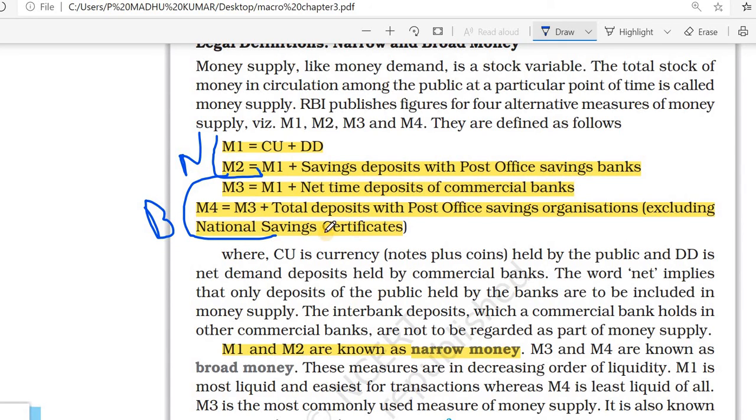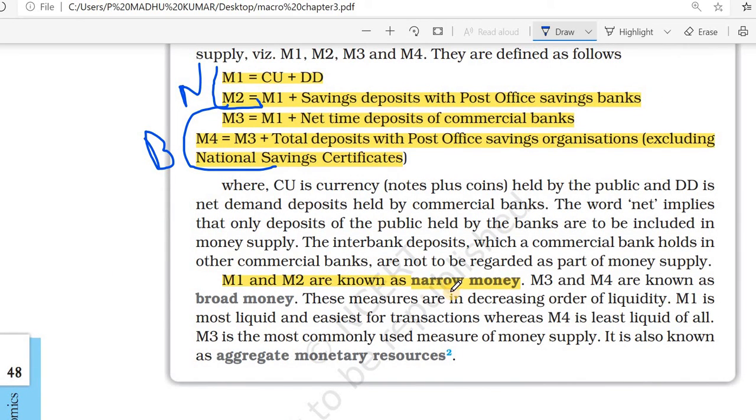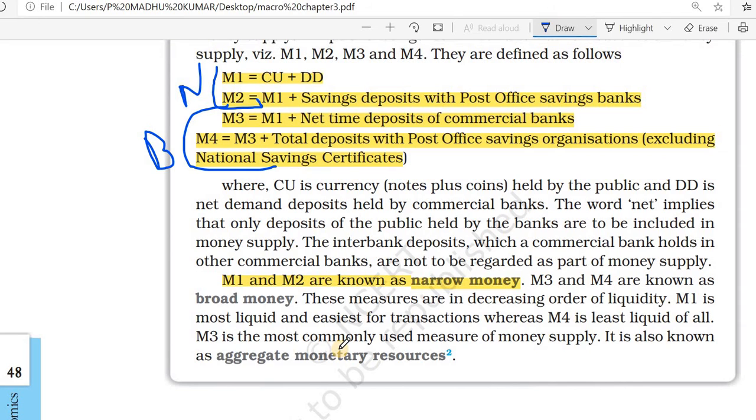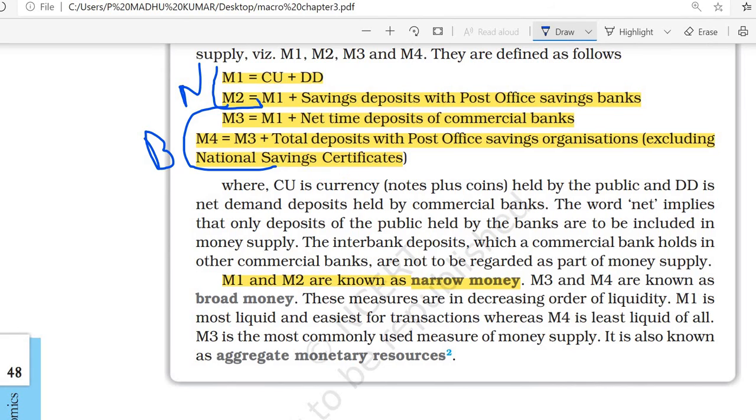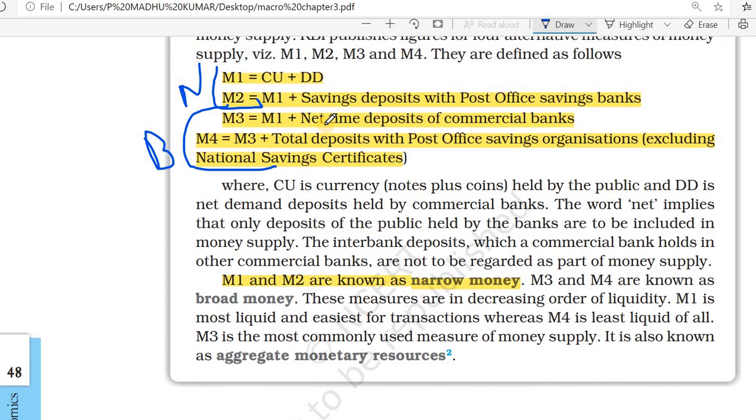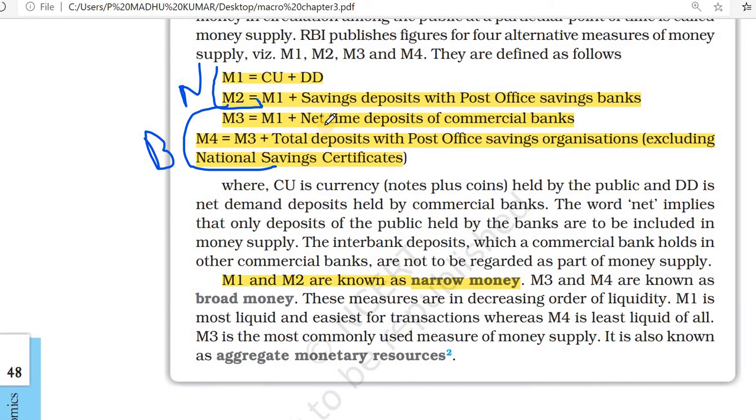We know M1 and M2 are the most liquid and easiest for transactions, like currency with the public. But M3 and M4 are the least liquid form, which we call broad money.